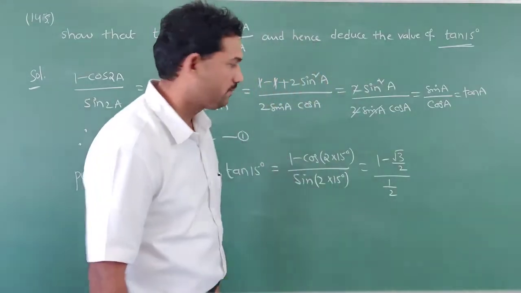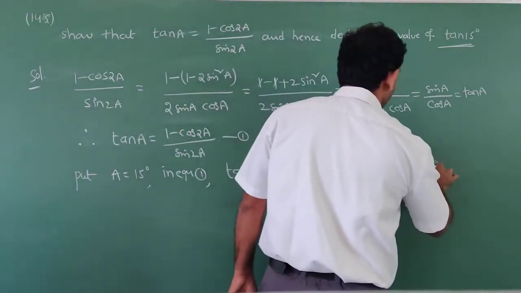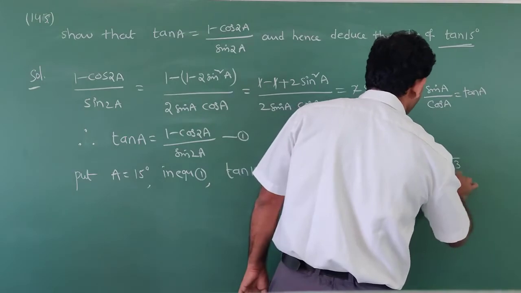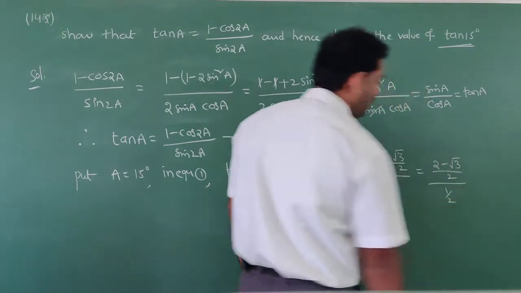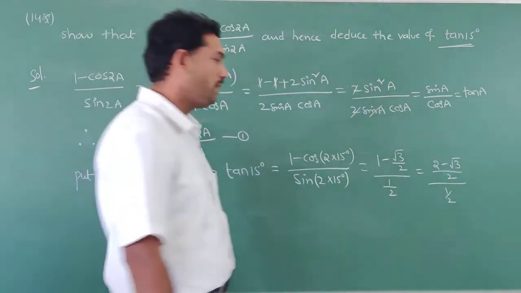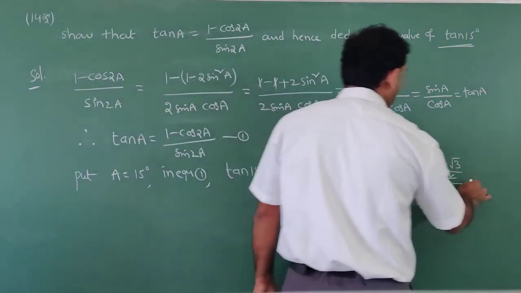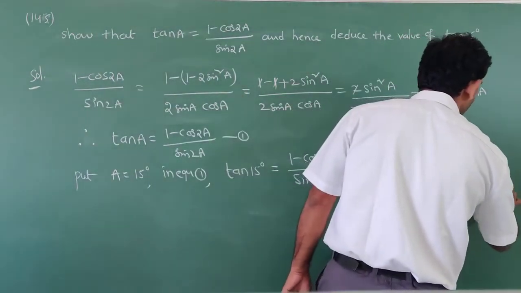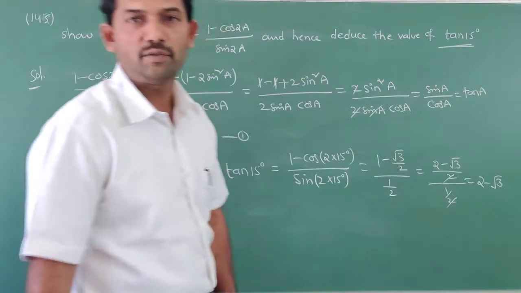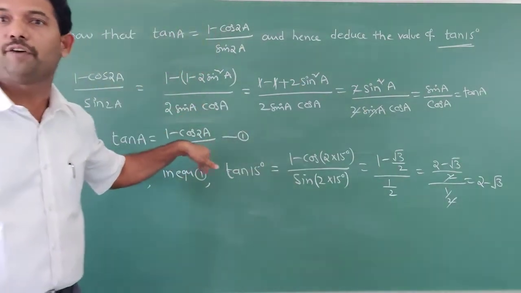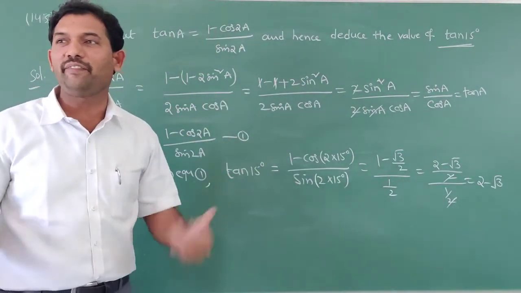Now simplify this. So 2 minus root 3 divided by 2, 4 divided by 1 by 2. Now simplify, 2 gets cancelled. So remaining 2 minus root 3. Using this result, we have to simplify the tan 15 degrees value.